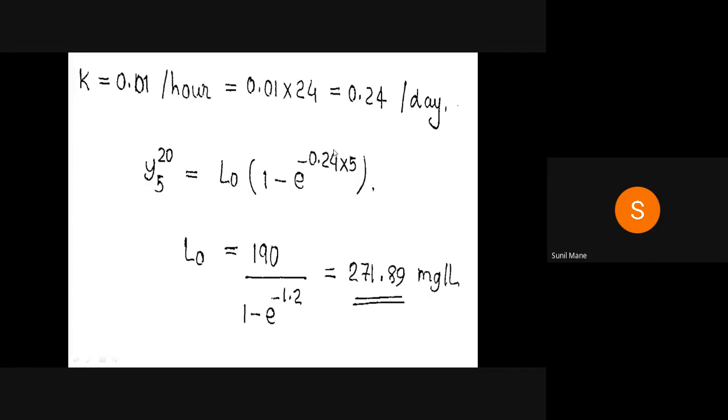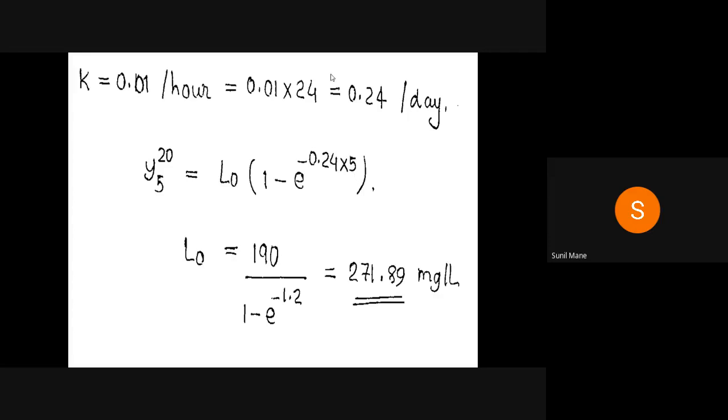If you utilize 0.01, that won't be a correct result, because this particular equation is based on time in terms of days. It cannot be in terms of hours.